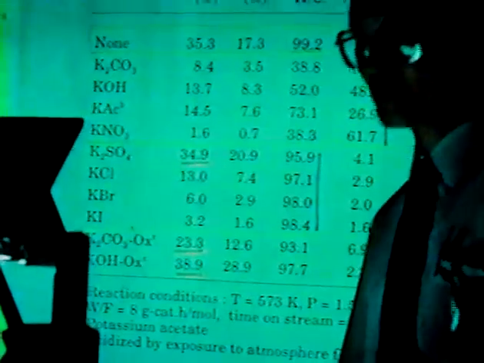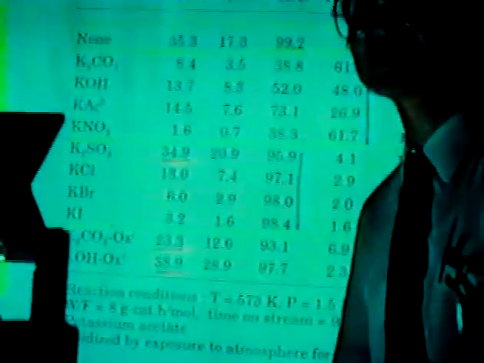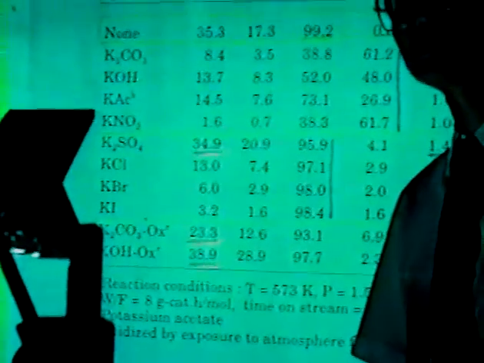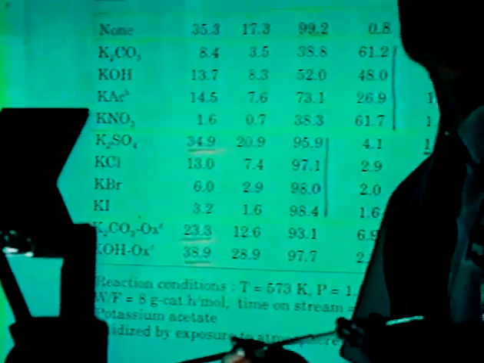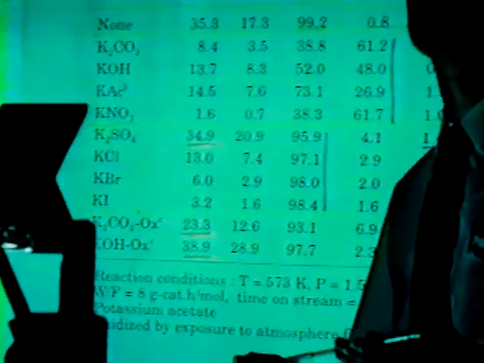So here you have a system where, depending on the potassium compound employed and on the pretreatment condition, you have either a chain growth promoter or an alcohol promoter.